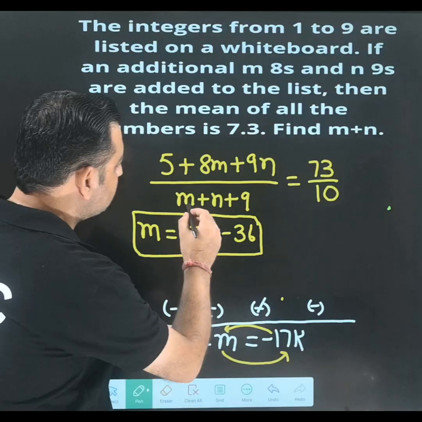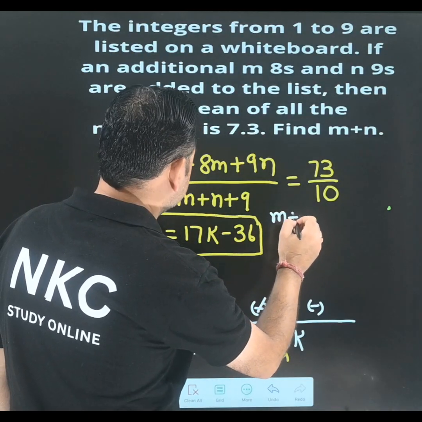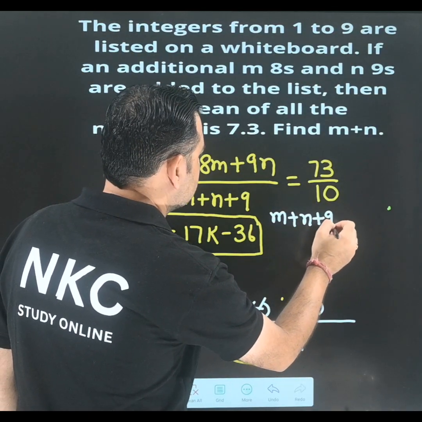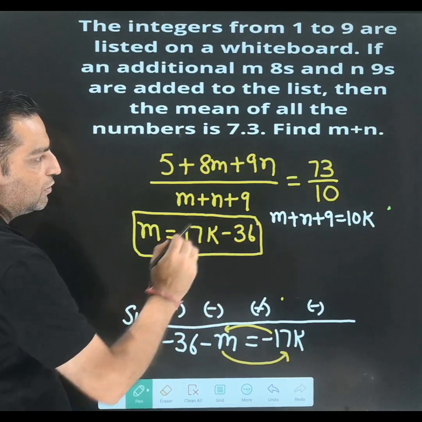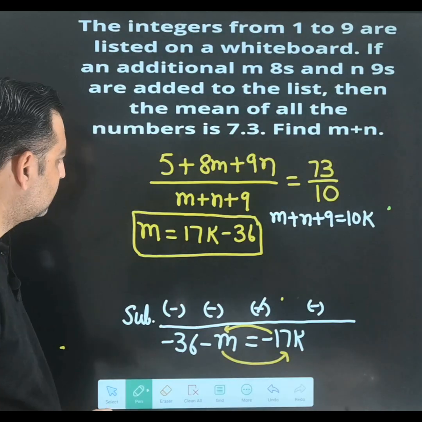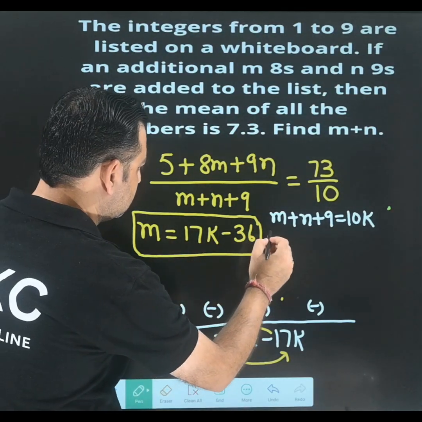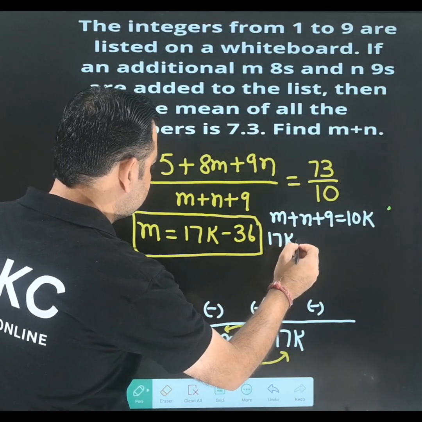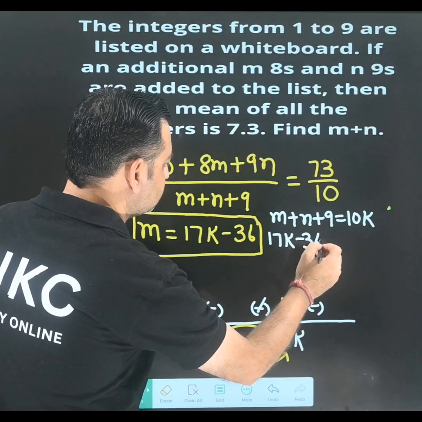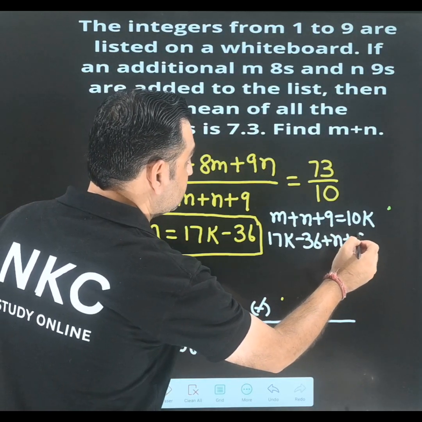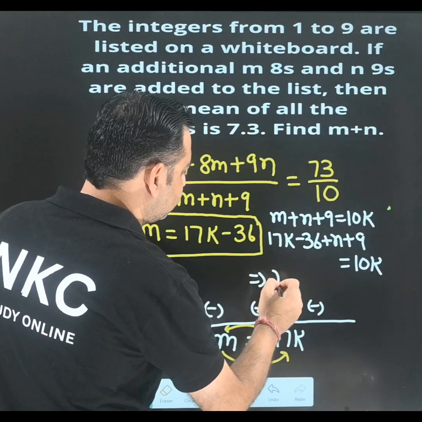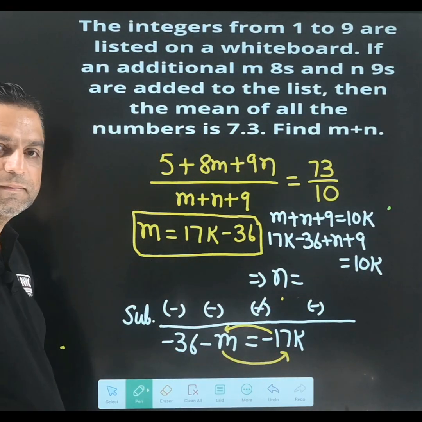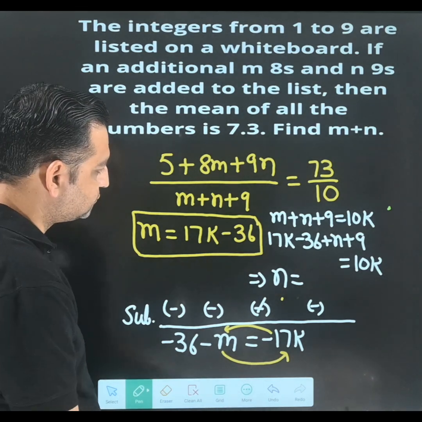Now the second concept was, the bottom equation was m plus n plus 9 is equal to 10k, right? So substitute this value of m here and find the value of n. If m, 17k minus 36, is substituted here, what will we get? We are to find the value of n from this situation. How would we find n?